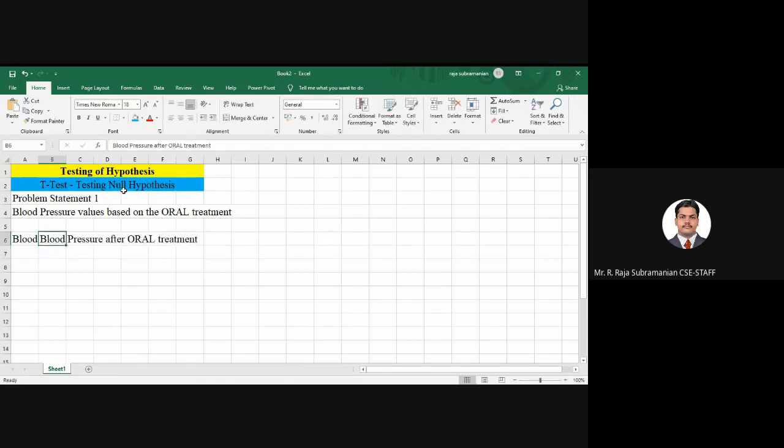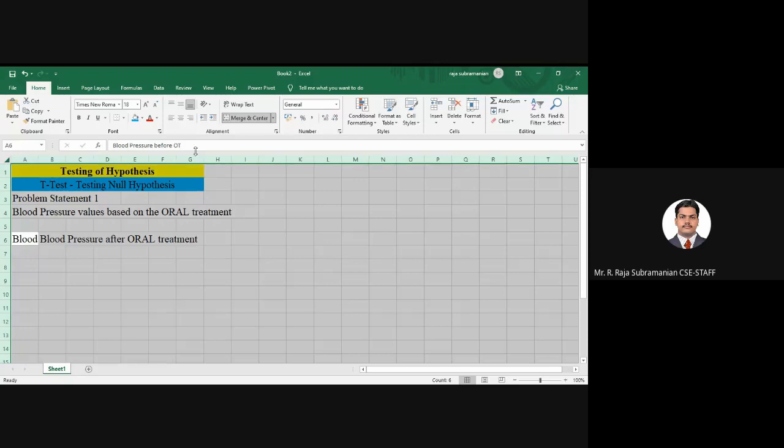So I have the blood pressure values in both the instances. Ultimately, I can understand the effect of the treatment in the hypothesis. The blood pressure values before the treatment are the observed values. Once I do some treatment, how does the blood pressure change? Is the entire distribution changing, or what characteristic is changing just because of this particular oral treatment? That is what we are going to estimate in the given hypothesis.